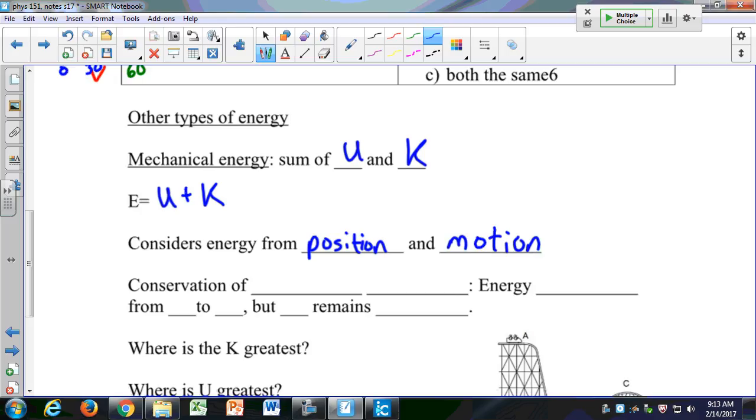So just to remind you, this is U, this is K. We have a principle, or law rather, called the law of conservation of energy, or conservation of mechanical energy, sorry, what your book calls it.